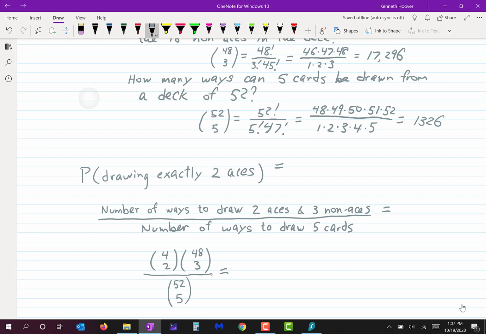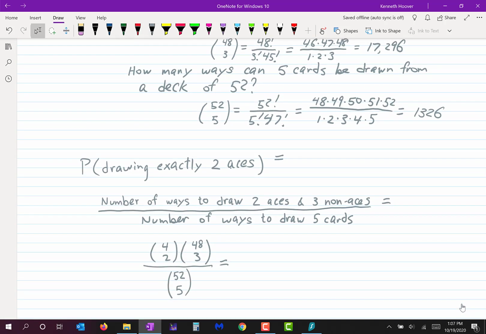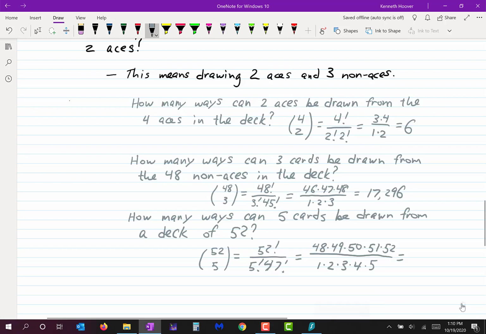So looking at the numbers that we wrote down earlier, that is on top 6 times 17,296, and on bottom is 2,598,960.